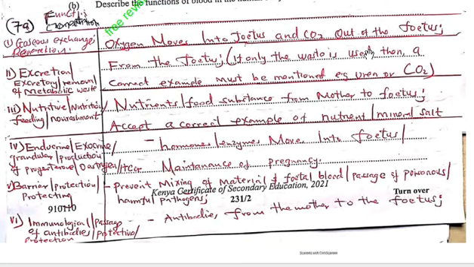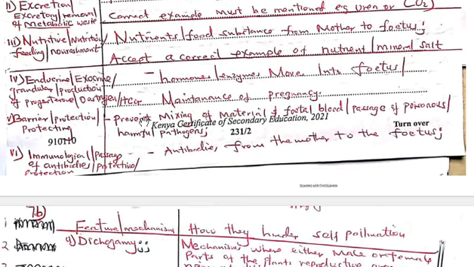For example, urea from the fetus and CO2 from the fetus back to the mother. Then nutrition or nourishment, and the placenta provides nutrients which move from the mother to the fetus.